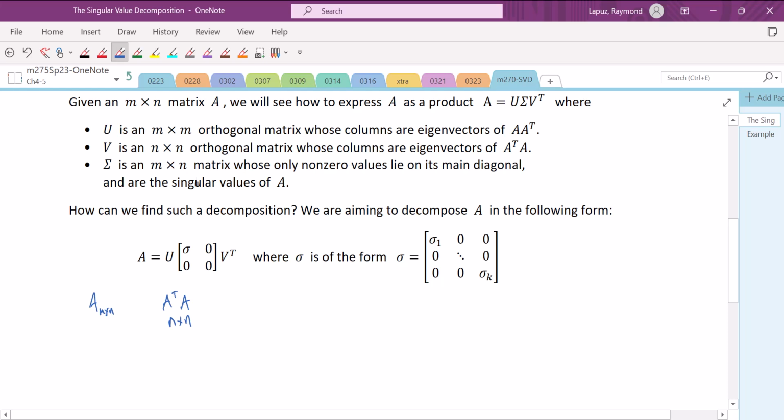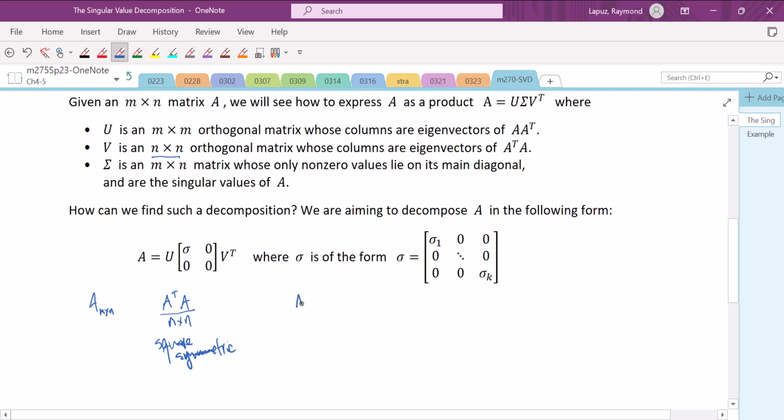Now, A transpose A will give you an N by N matrix, so this is going to be a square and symmetric matrix. And so we're going to get eigenvalues for that.